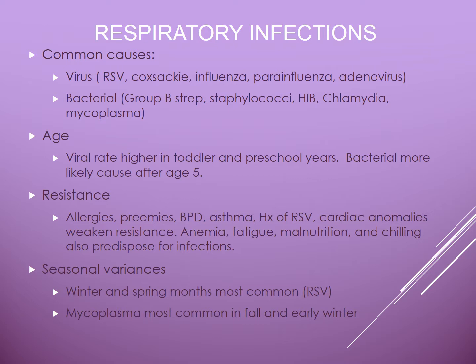I want you guys to know that bacterial and viral respiratory infections can be located in either the upper or the lower respiratory tract. Infections are a little bit more rare in children who are less than 3 months of age due to the maternal antibodies that mom sent over at the end of the pregnancy.